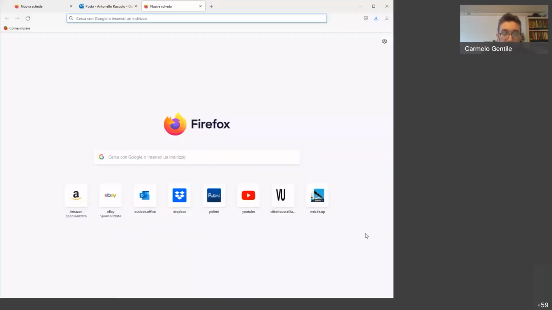I can download the software. It takes 0 time. We can see the desktop. I am trying to change the stuff I'm sharing. Okay, can you see now Firefox? Yes.